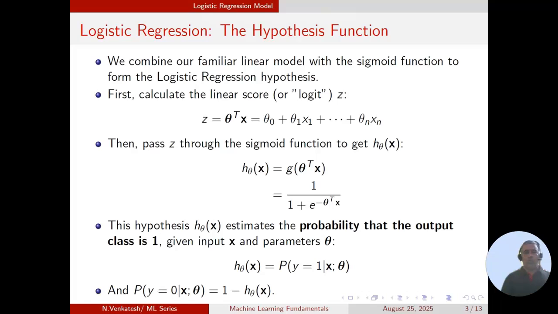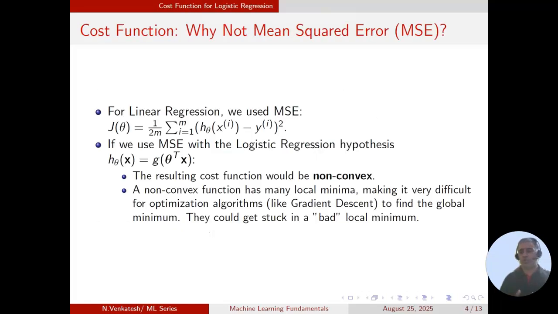Now, what is the cost function that we should choose? Now, we cannot directly choose a mean squared error. As you recall, we had used a mean squared error in the linear regression settings. We cannot directly use mean squared error.